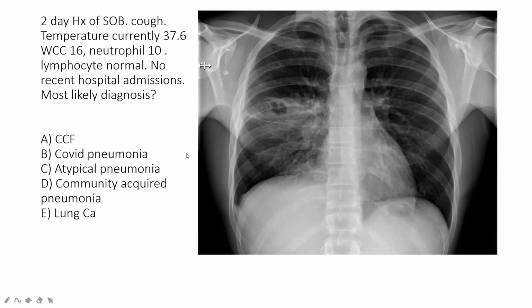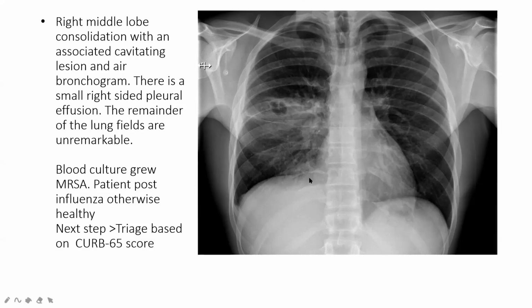So this is most likely community-acquired pneumonia. And why is it not hospital-acquired? Because the patient hasn't had any recent hospital admissions. It's not from a care home, and it doesn't look like CCF. We're going to come back to CCF, but the heart looks normal in size, and there's no increased reticular pattern bilaterally.